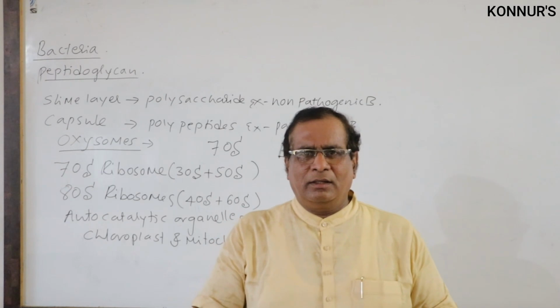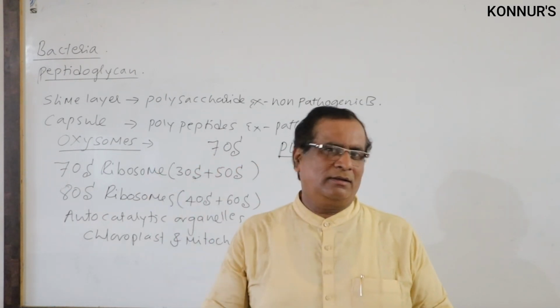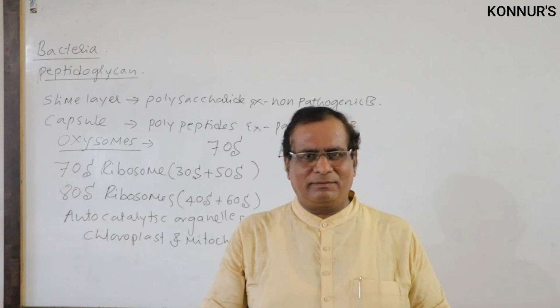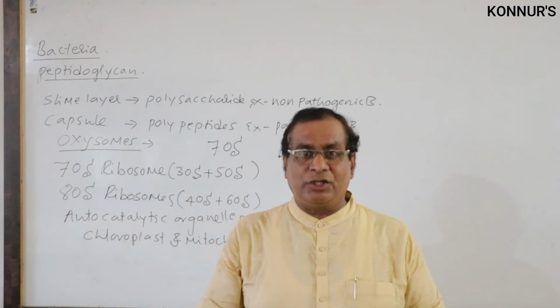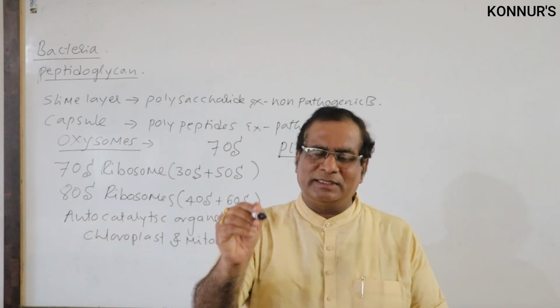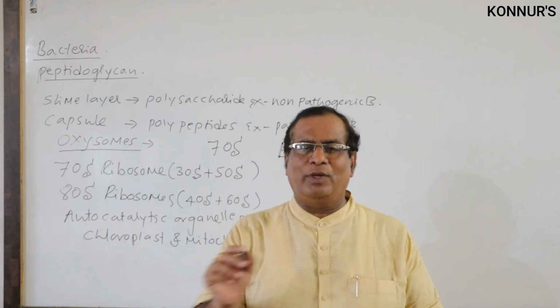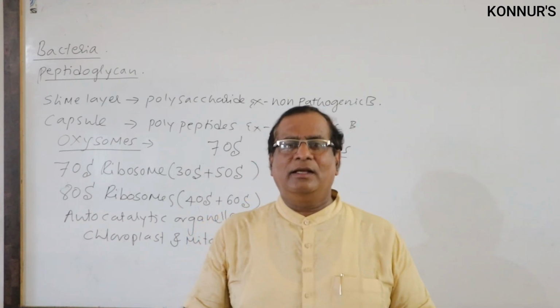There is a main DNA, double-stranded circular, in the nucleoid, and in addition to that, in cytoplasm, along with 70S ribosome, we do have double-stranded circular DNAs numbering from 1 to 100. Those are named as plasmids.